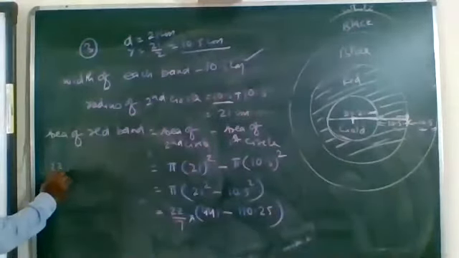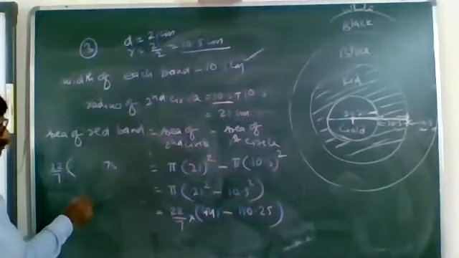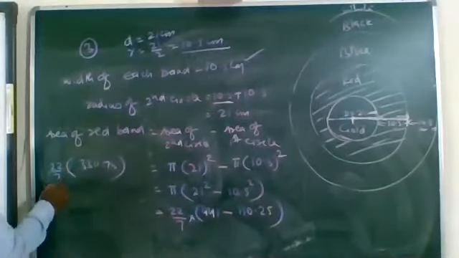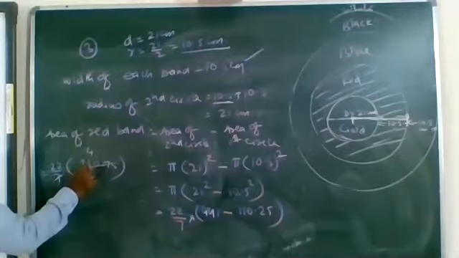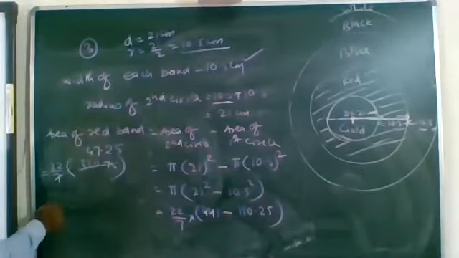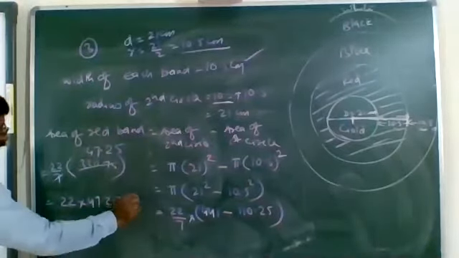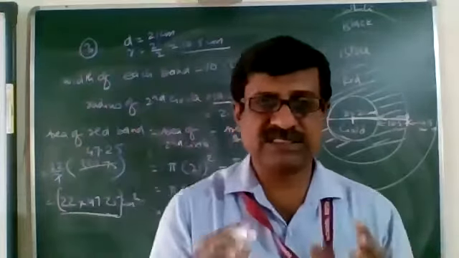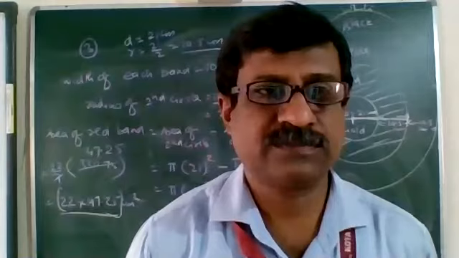That is 22/7 into 330.75. 7 ones are 7, 7 fours are 28, 5, 7 sevens are 49, 1 7 is 14, 47.25. Now multiply this with 22 and we get 47.25 centimeter square. The result will be the area of the second band, that is red color.